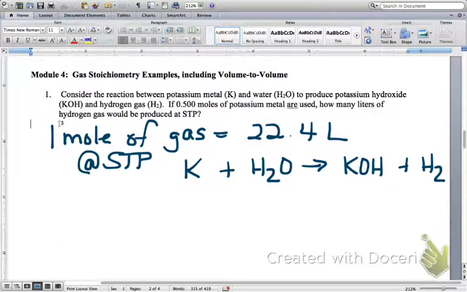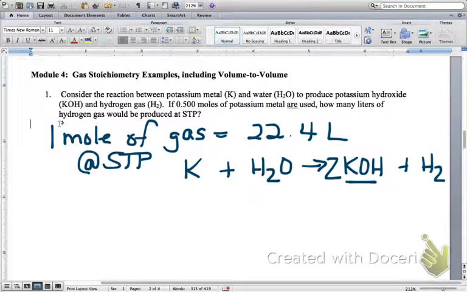Which one of these substances, the KOH or the H2, is making the number of hydrogens on the right be an odd number? Which one makes that an odd number? The KOH. So we go to the thing that's making the hydrogen be odd, which in this particular case is the KOH, and in front of that we're going to put a 2.